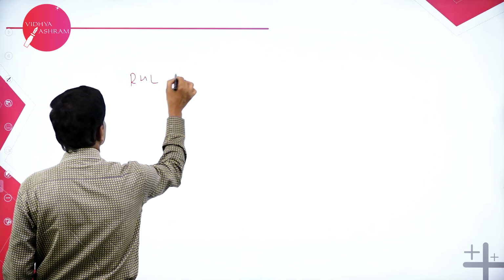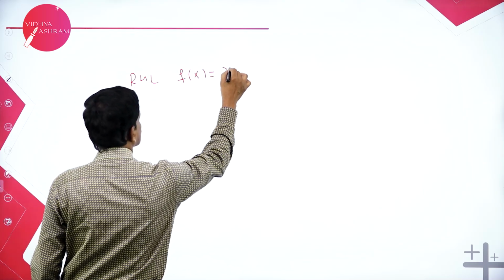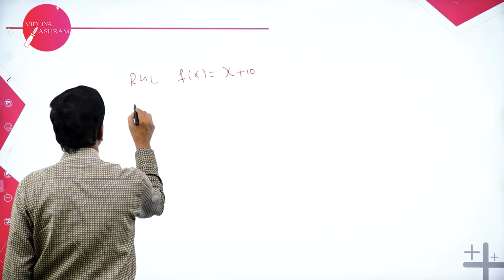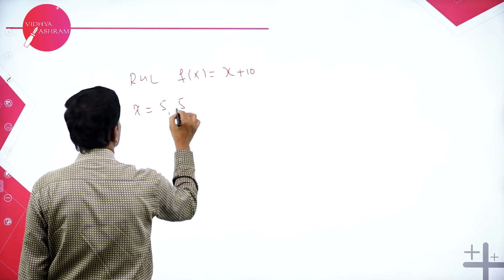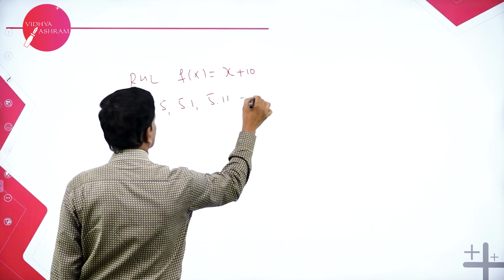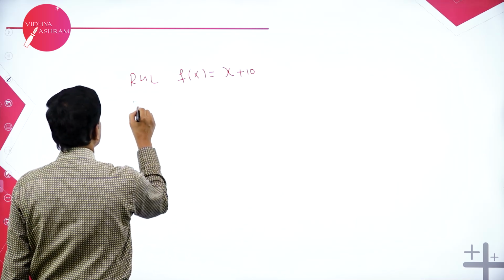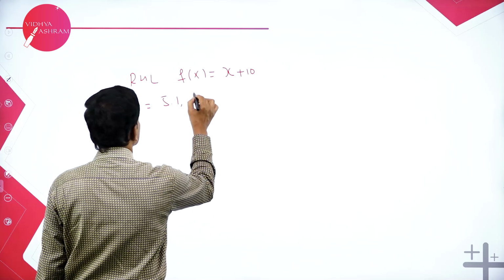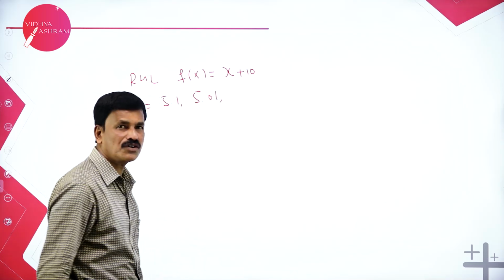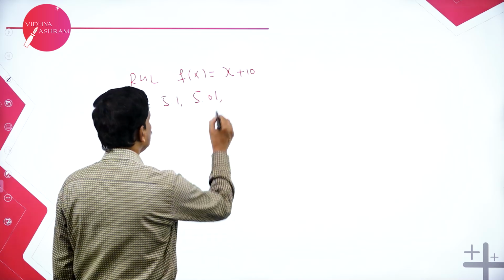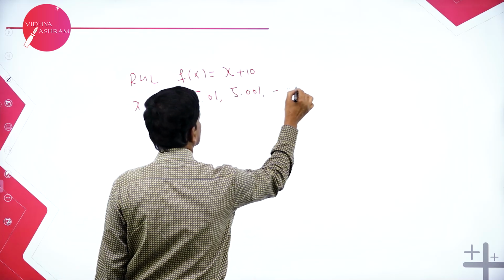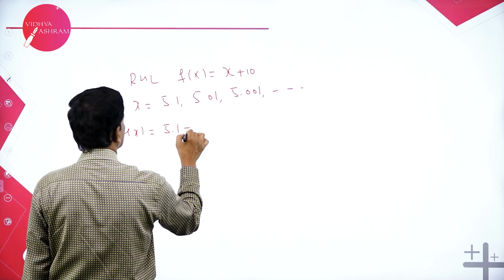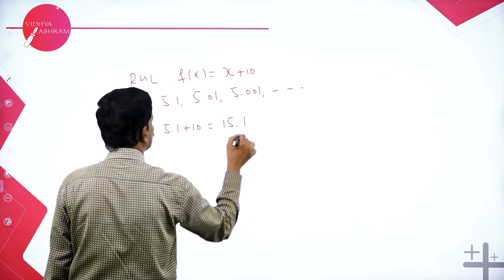For the right hand limit of the function, f of x is x plus 10. Now for the right hand limit, let us take the values of x as 5.1, 5.01, 5.001, etc. Then what happens to this f of x? f of 5.1 is equal to 5.1 plus 10, which is equal to 15.1.